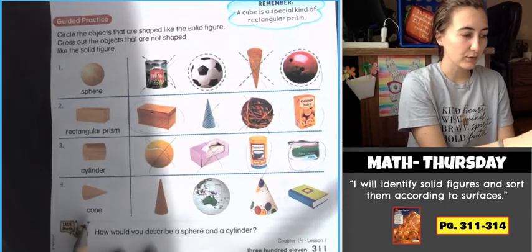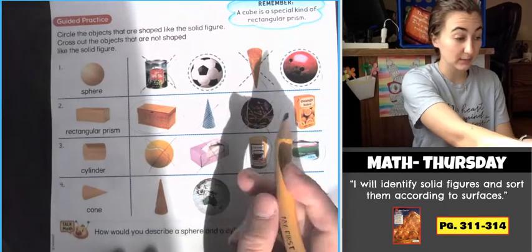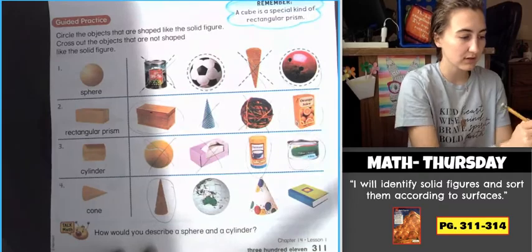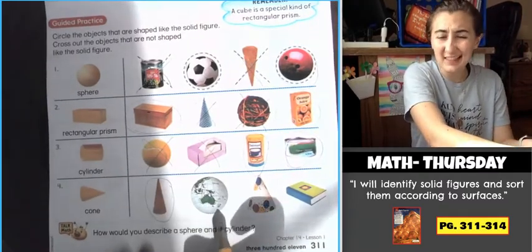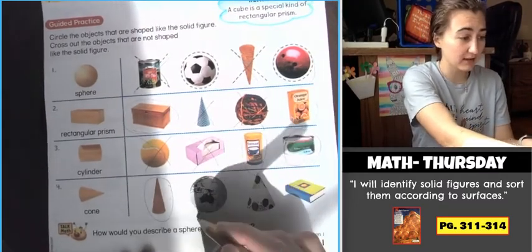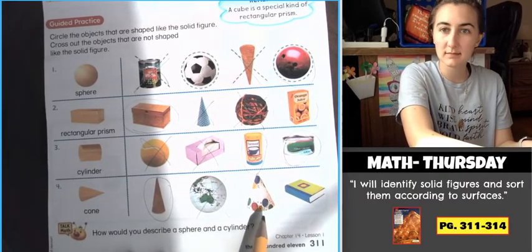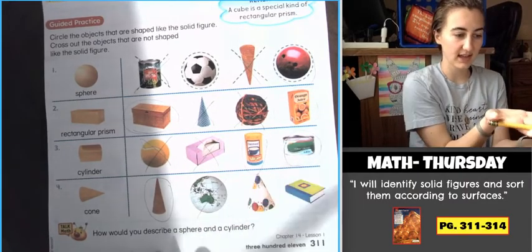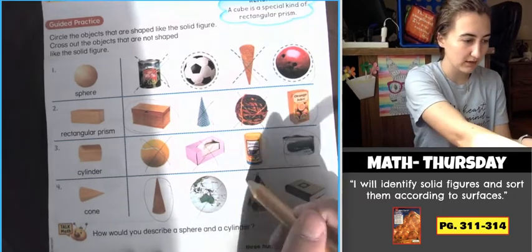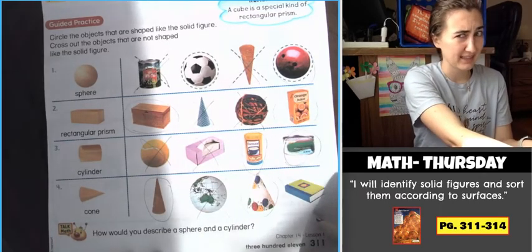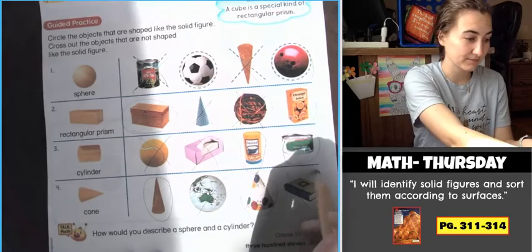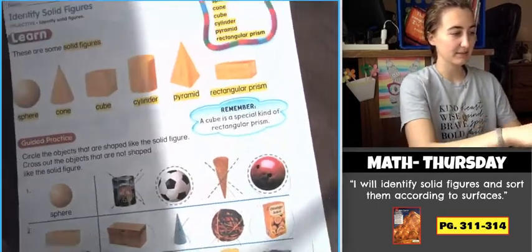How about a cone? Well, of course we know an ice cream cone is a cone, but a globe isn't. That's a sphere. That's rounded. This other party hat, that's a cone because it has a flat bottom but then is rounded. A book, that's not shaped like a cone. Not at all.